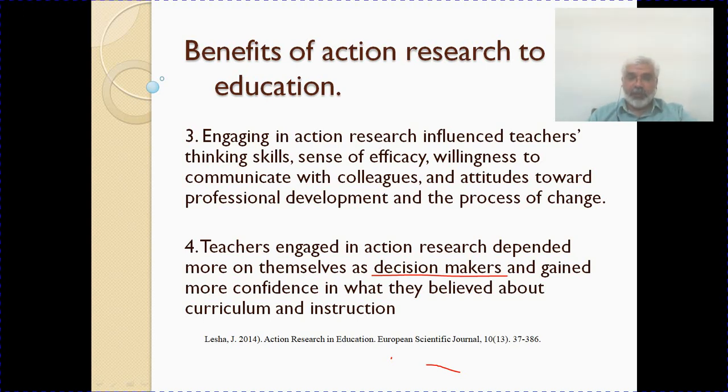So they are involved, they are engaged when they are conducting actual research, depend more on themselves as decision makers, and gain more confidence in what they believe about curriculum and instruction.